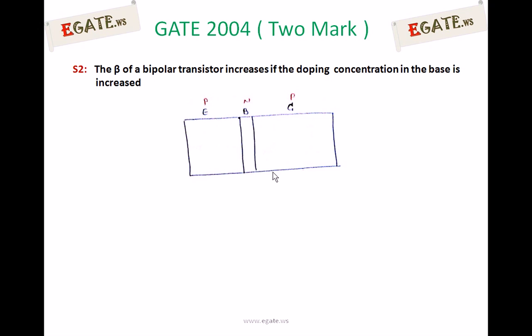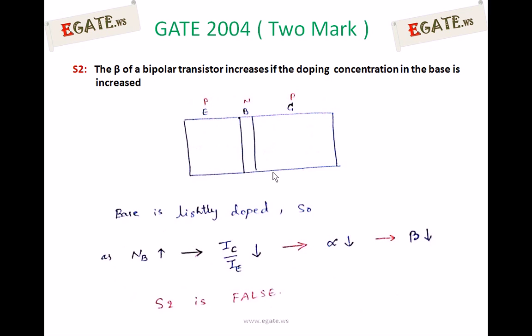Since the base is lightly doped, as charge carriers move from emitter towards collector through the base, very few recombinations take place. If we increase the doping concentration of the base, the number of recombinations will be more. More recombinations means the effective number of holes reaching the collector is less. So the ratio IC by IE is going to reduce.